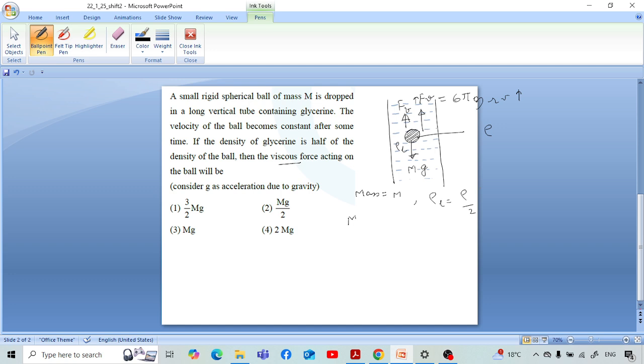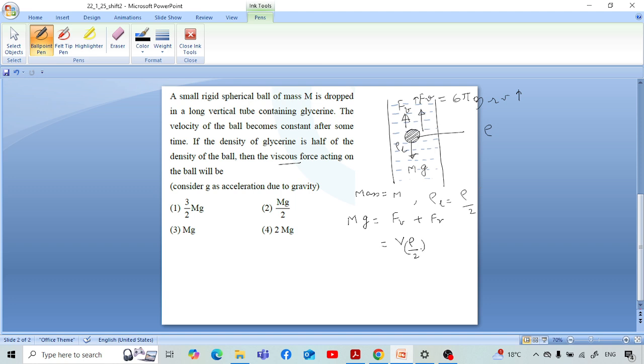So by balancing the force we can write the equation as m into g, which is the weight acting downwards on the ball, equal to the buoyancy force acting upwards plus the viscous friction force acting upwards. The buoyancy force is given by the volume, here taken as the volume of the ball because the ball is fully immersed in the liquid, so the displaced volume is the complete volume of the ball, multiplied by the density of the liquid.